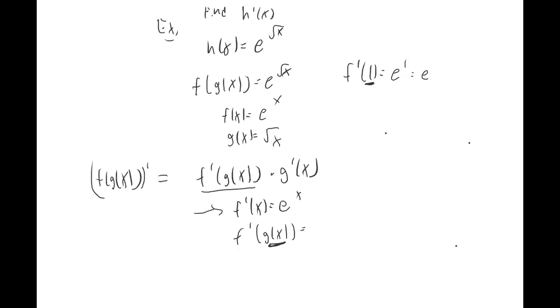You plug in g of x for x, and g of x is root x, right? Okay. So now second question, what's g prime? Again, I'm asking for the derivative of this.